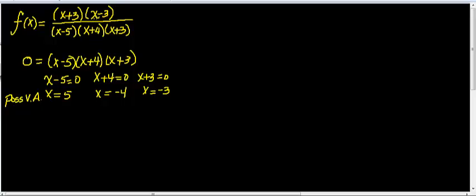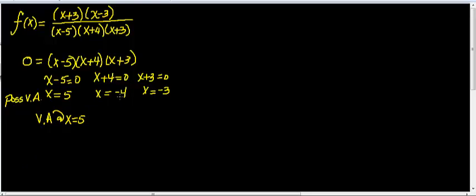I do not get 0 in the numerator. I also know I was not going to get a 0 because there's not a factor of x minus 5 in the numerator. Automatically, I have a vertical asymptote at x equals 5. Okay, done.